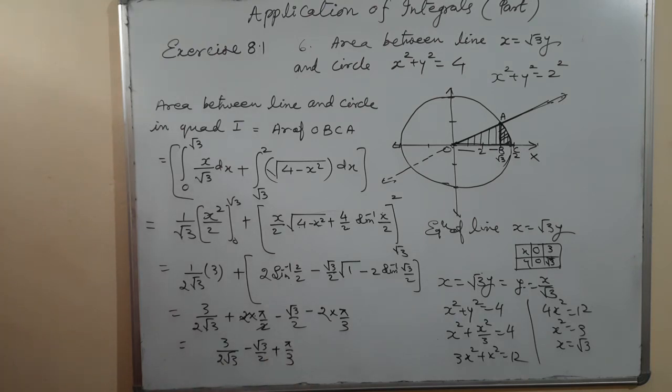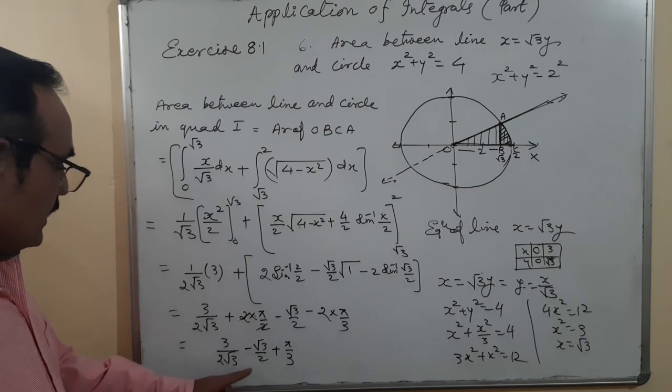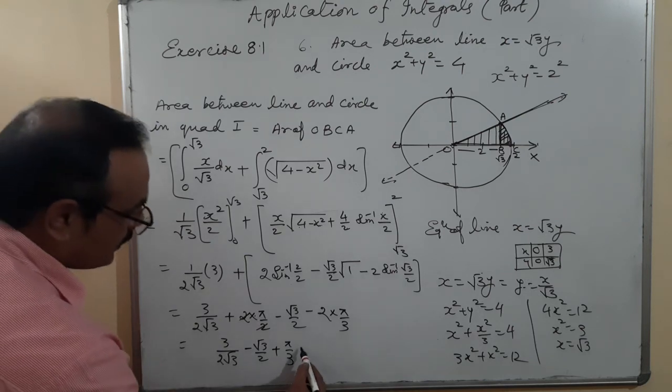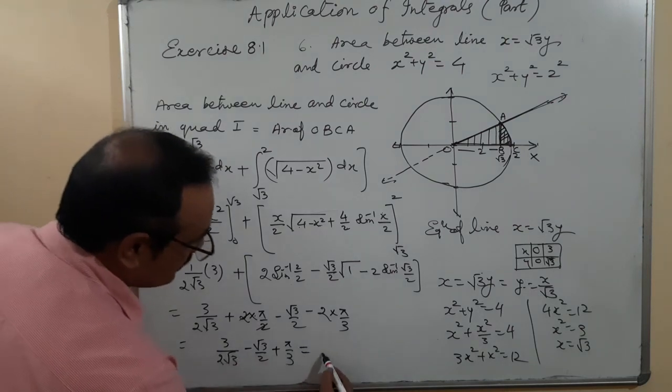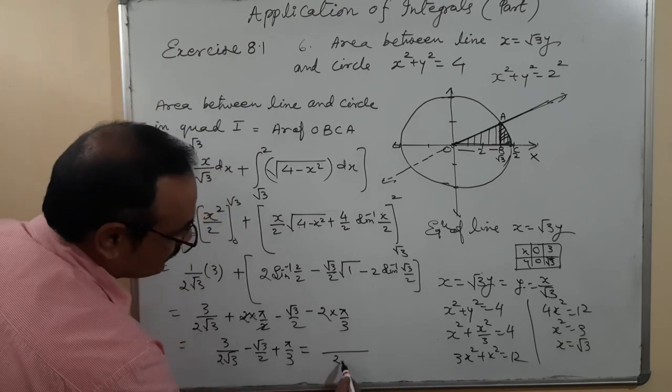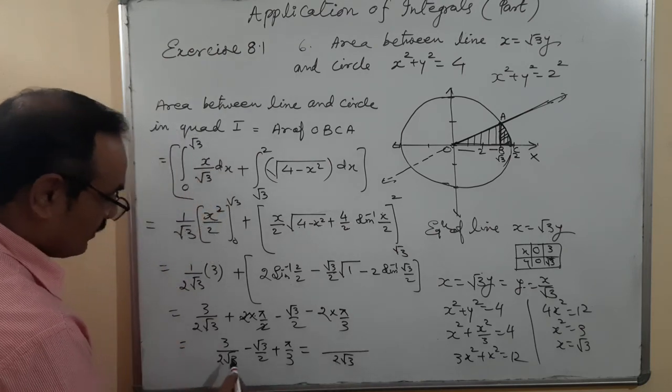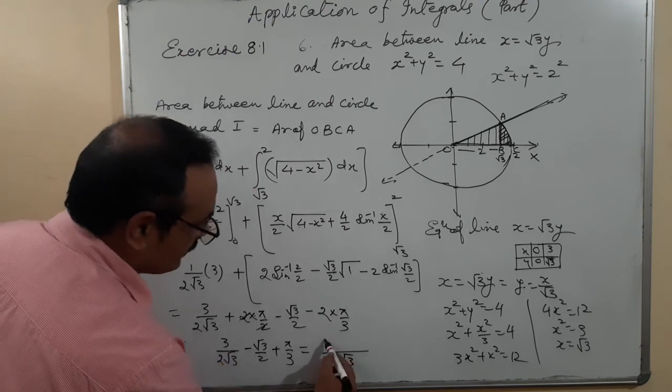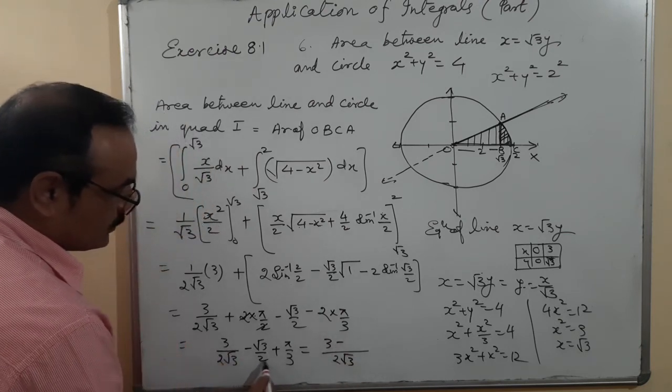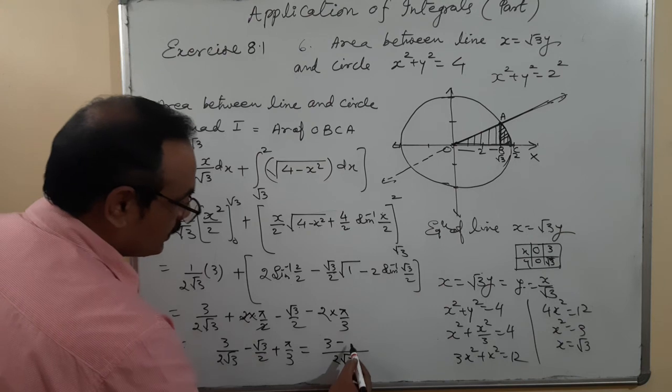Okay, and here it cannot be calculated further. We'll take LCM here if you want to calculate further these two terms. So you will take LCM, 2 root 3. It is 3 minus 2 cancel, root 3 multiplied by root 3, it is 3.